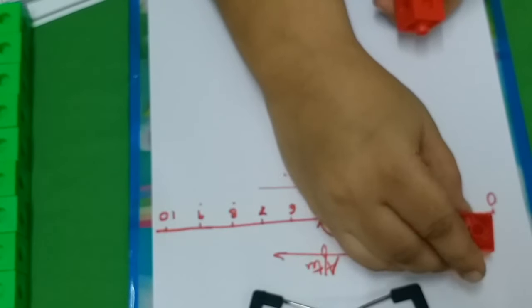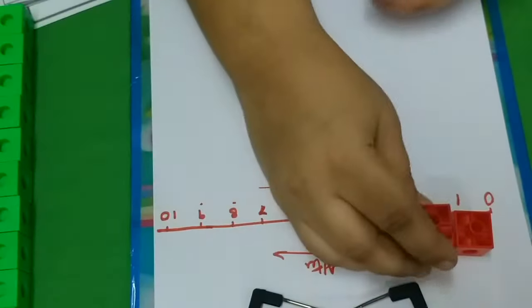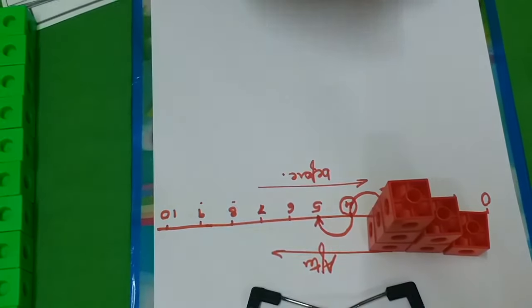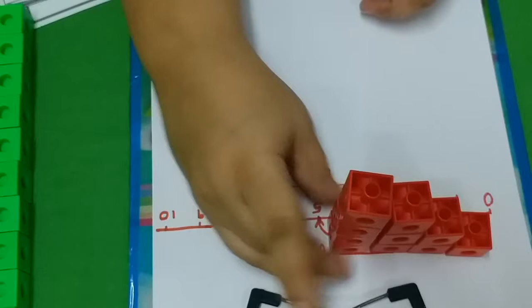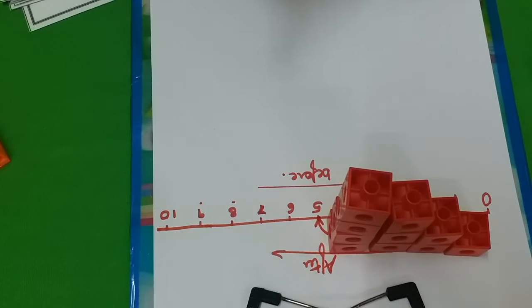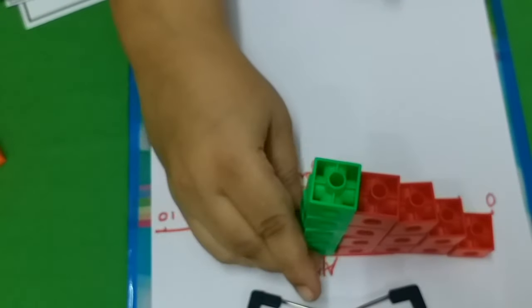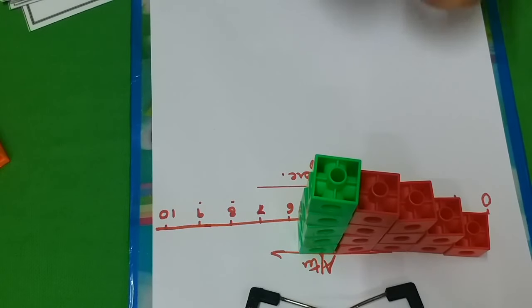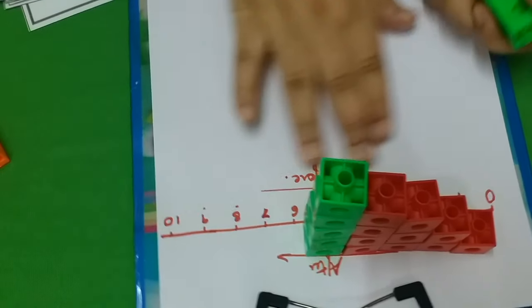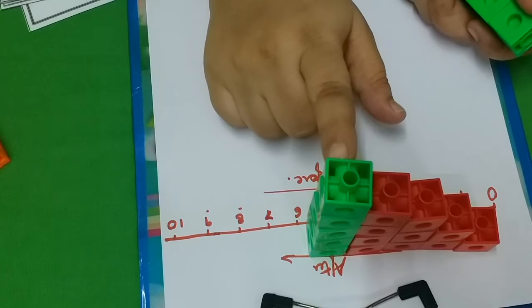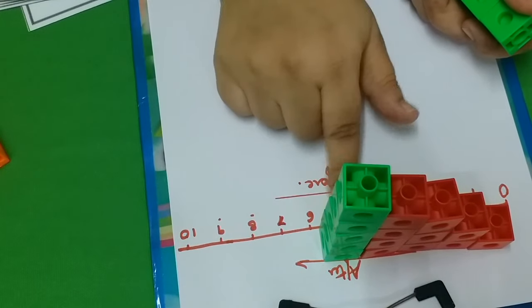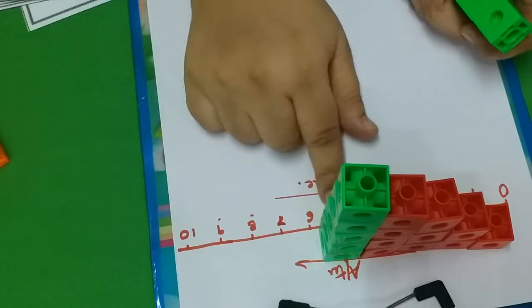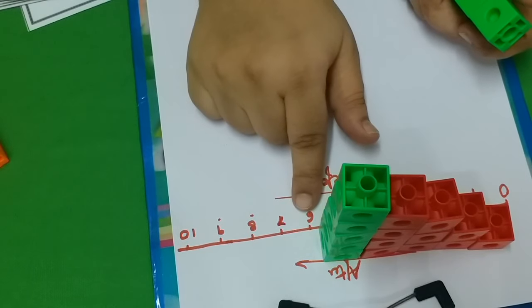For 0 there will be no block, for 1 there is 1 block, for 2 there are 2 blocks, for 3 there will be 3, and for 4, 4, and so on. The child will understand that the numbers from left to right are increasing in quantity also. So these numbers are greater than the previous number, and the previous number is less than this number.